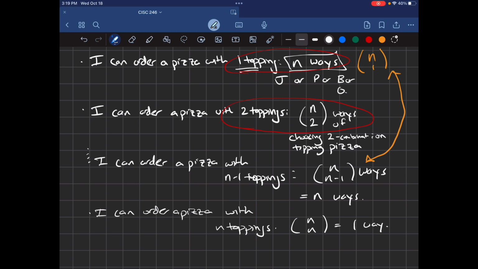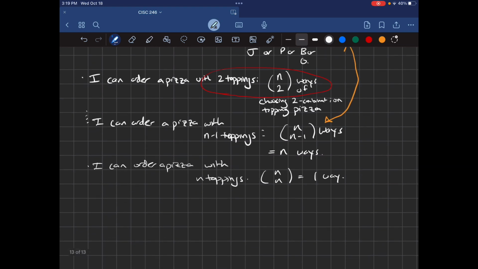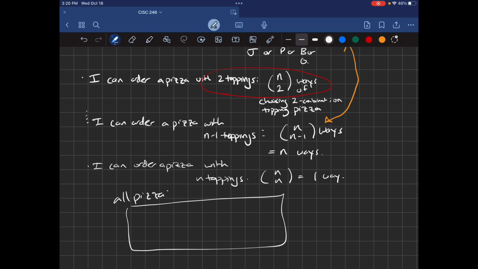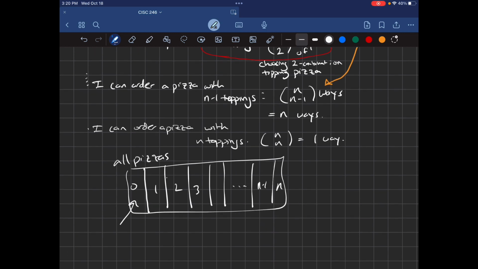All right, so you basically took the set of all pizzas. You said, okay, I want the ones with 0 toppings, 1 topping, 2 toppings, 3, n minus 1, and n. The number of pizzas with 0 toppings is 1. This was n. This is n choose 2. This would be n choose 3. n choose n minus 1. And this would be n choose n.